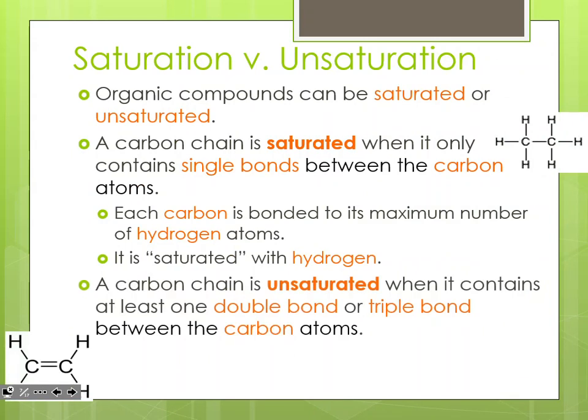A carbon chain is unsaturated when it contains at least 1 double bond or triple bond between the carbons. So an alkene or an alkyne fits the description of being unsaturated. An alkane, with only single bonds, fits the description of being saturated.